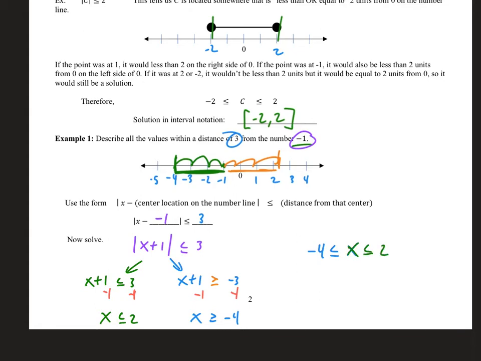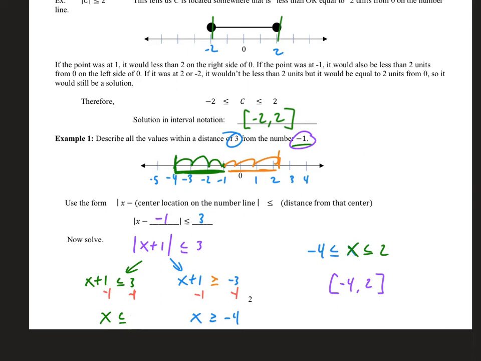So your inequality should look like this. Since it is an and, it needs to be a compound inequality like this. And that means our interval notation will look like this. So -4, since it's a bracket, it's because it's equal to. Remember the brackets are here because it's equal to, not because it's an and problem.